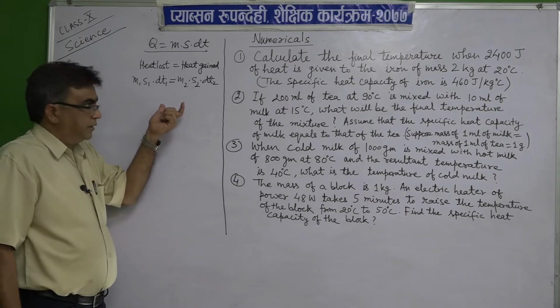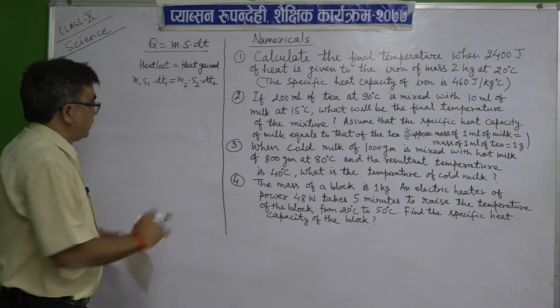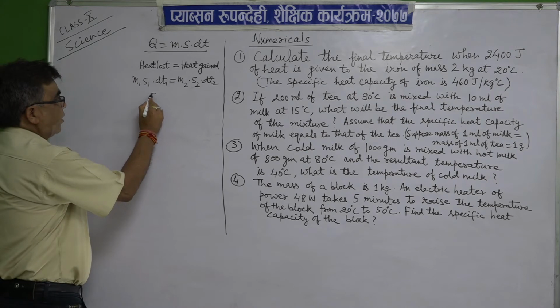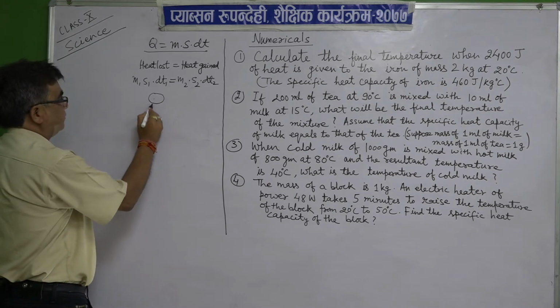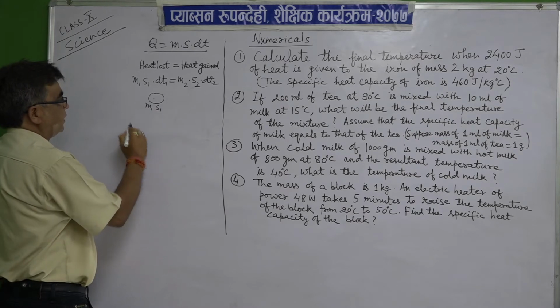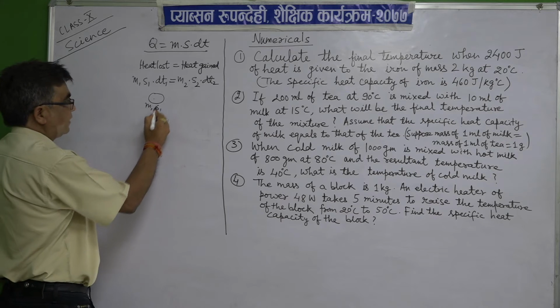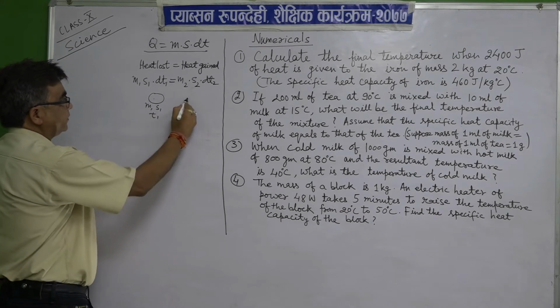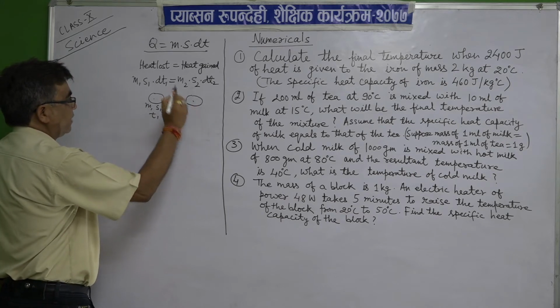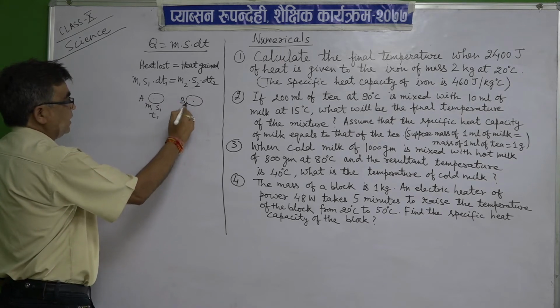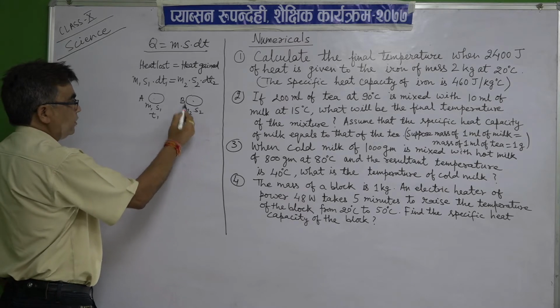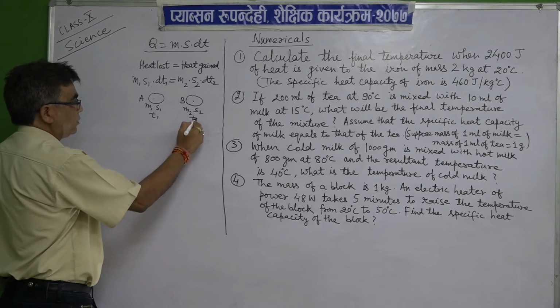Further, to understand this, suppose this is the body A at higher temperature, its mass is m1, specific heat capacity S1, and initially it is at a temperature of T1. This is the body B at the lower temperature, its mass is m2, specific heat capacity S2, and its initial temperature is T2.